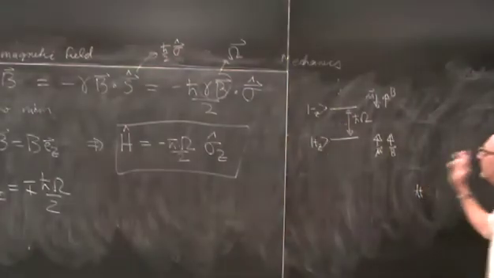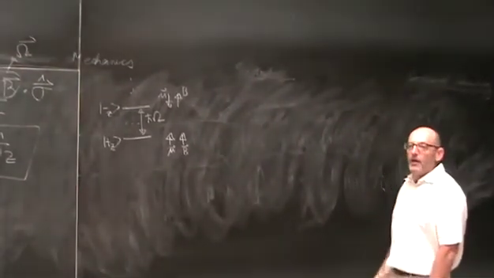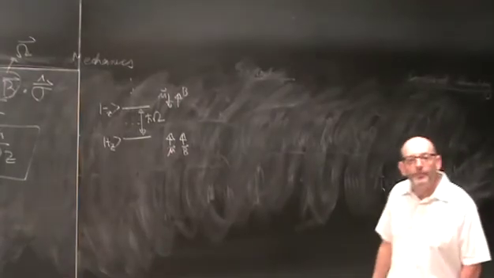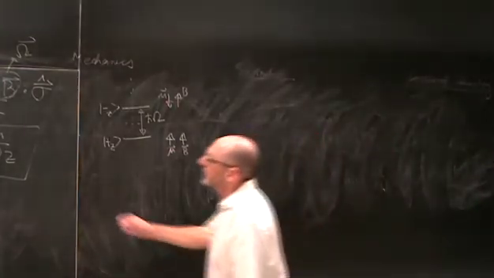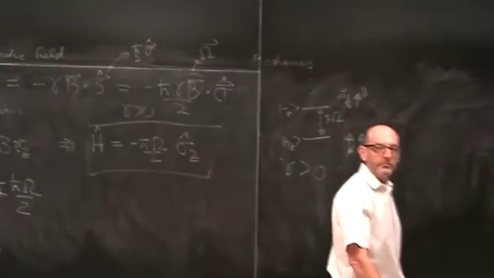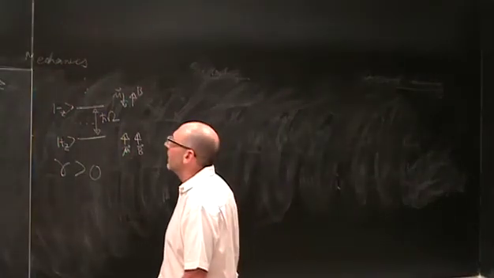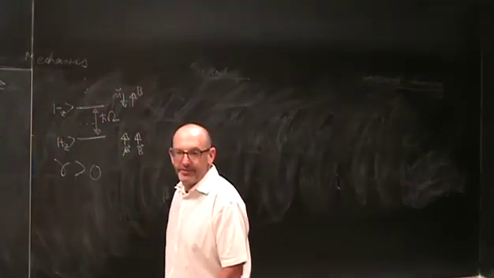Okay? But with that aside, this is correct. Okay, so I'm just going to here say gamma is greater than 0. Right, so now the question is, let's look at dynamics.